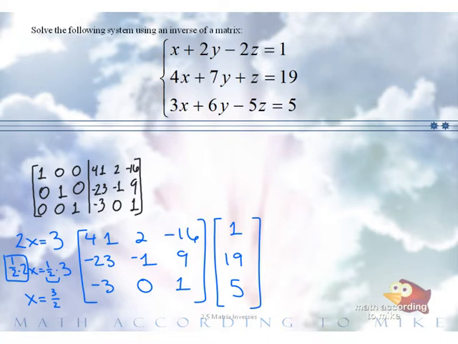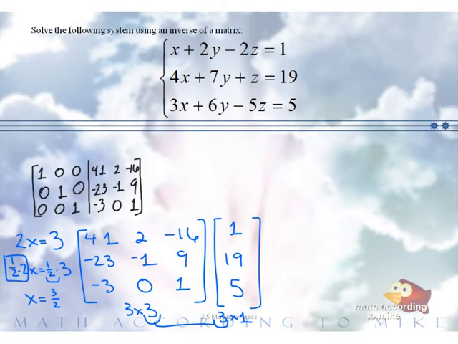Now, I know these are big numbers, 41, negative 23. So, yeah, you might have to bust it out. But we have a 3 by 3 and a, how many rows does this have? How many columns does it have? 1. So the number of columns here matches the number of rows here.